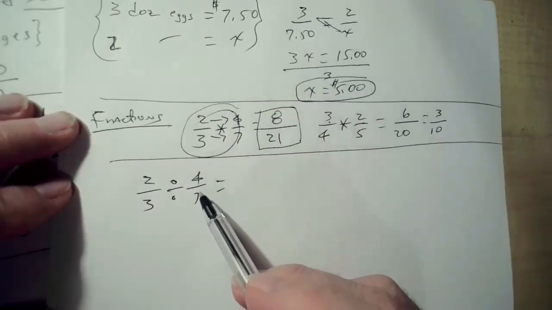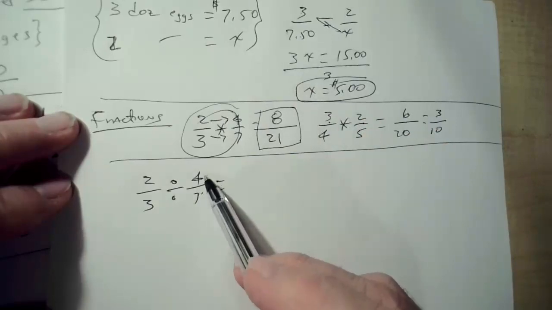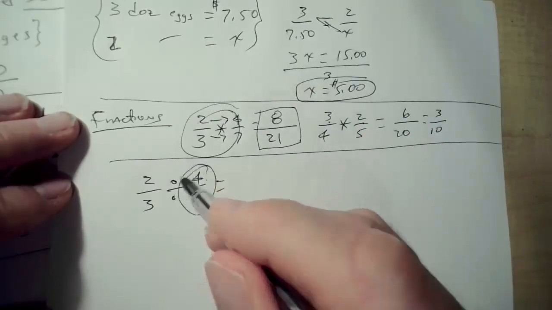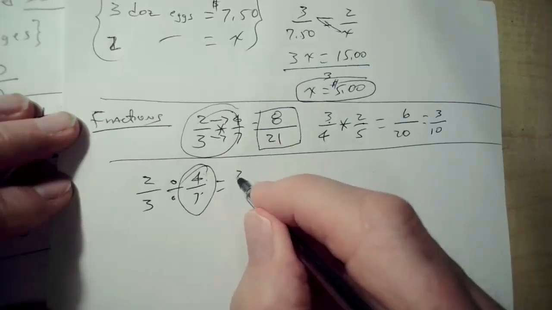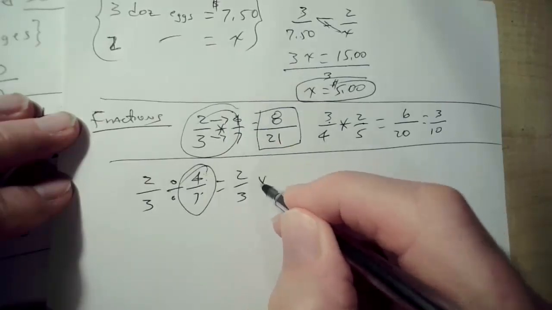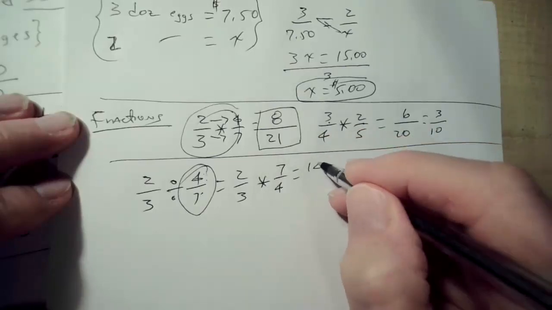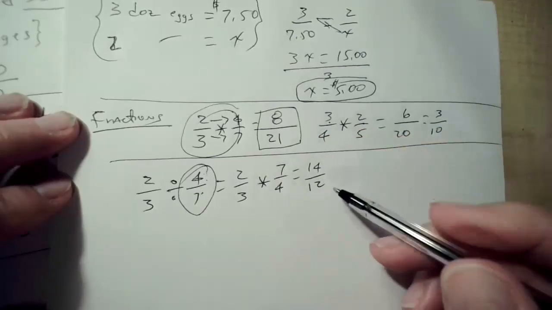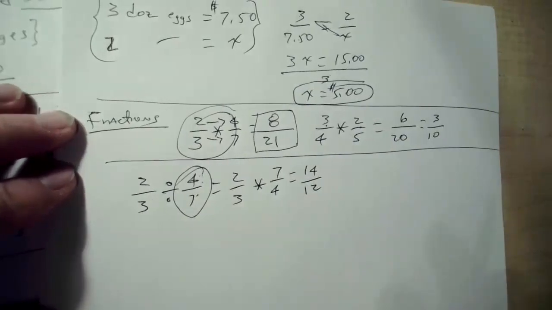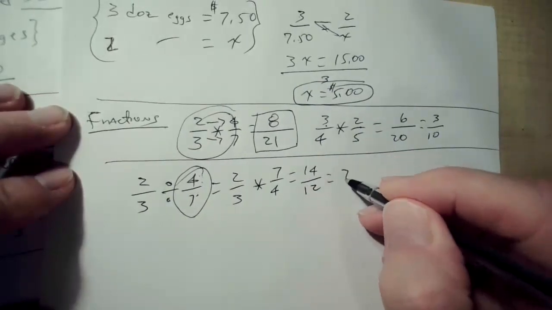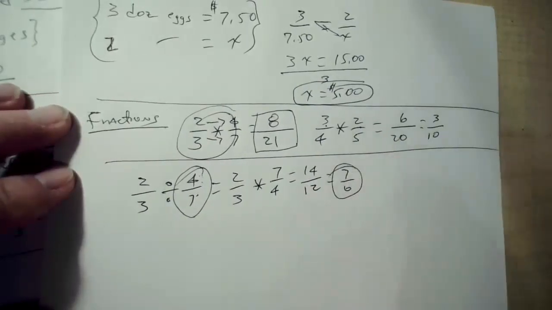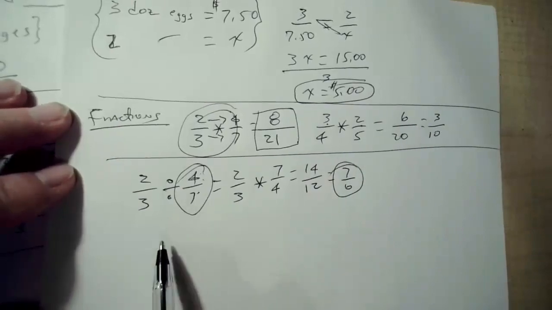We multiply by the reciprocal. Reciprocal means just flip this number, not this one. So it's 2/3 times 7 over 4, which is 14 over 12. Both of these are even numbers, so we can divide by 2, 7 over 6.